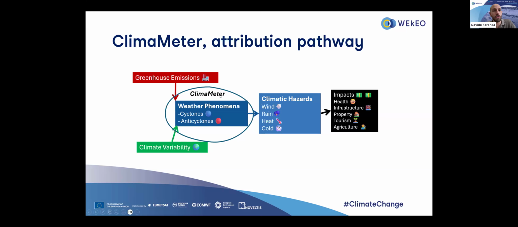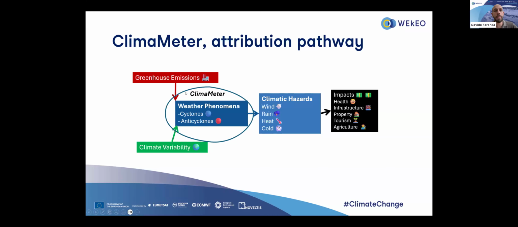But in Climameter, what we do is that we link this hazard to their origin, that is the weather phenomena that is producing the hazard and then the impact. For example, a cyclone can produce at the same time wind and rain hazard.